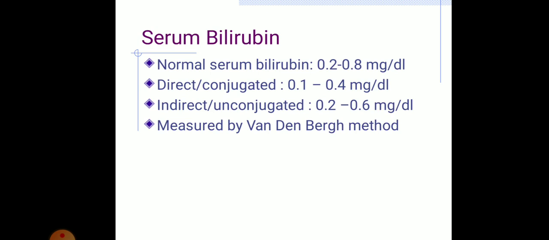Albumin has two types of binding site, a high affinity site and a low affinity site. 75% of the bilirubin binds to the high affinity site, 25% binds to the low affinity site, and this 25% is released into tissues in pathological conditions. Then uptake into hepatocytes by facilitated diffusion, then conjugation by UDP glucuronosyltransferase.